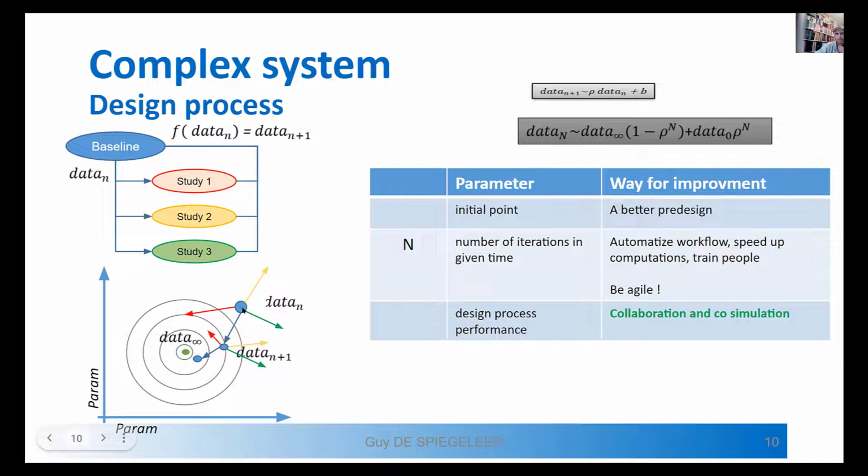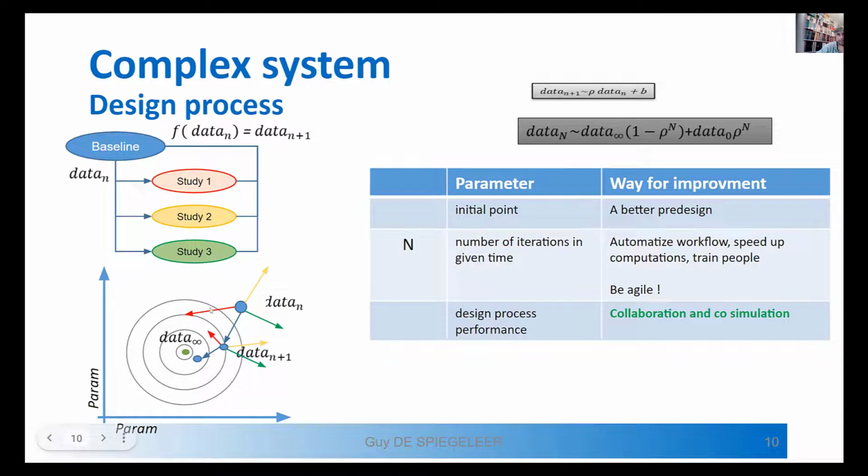So to improve the design process, just ask these guys to connect their work and give you back a single arrow. So ask them to agree on their recommendation.